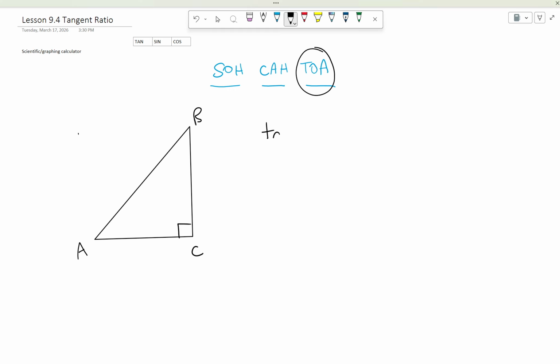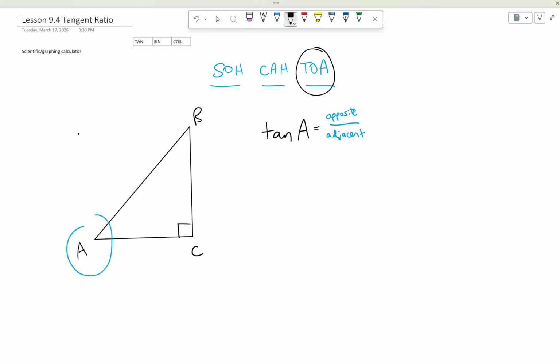To find the tangent of A, we go from the angle A. Tangent is equal to opposite, that's what the O stands for in TOA, over the adjacent, the A in TOA.